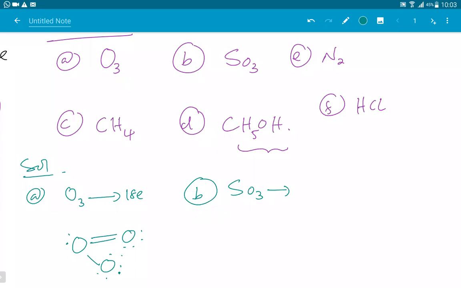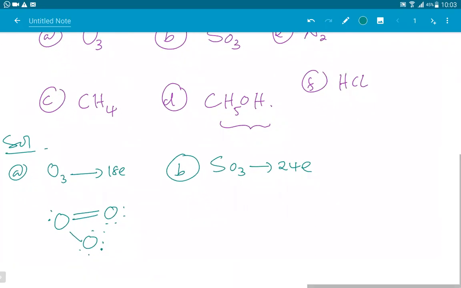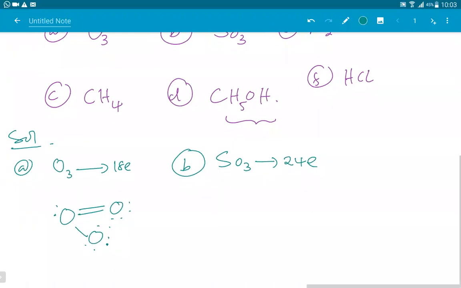I found the valence electrons to be 24. Can you describe for us how the structure looks? Sulfur is the central atom, then the oxygens, then the bonded pairs.